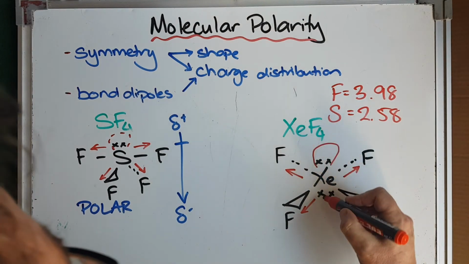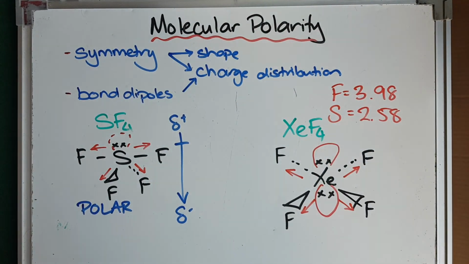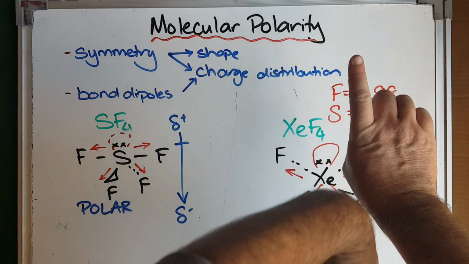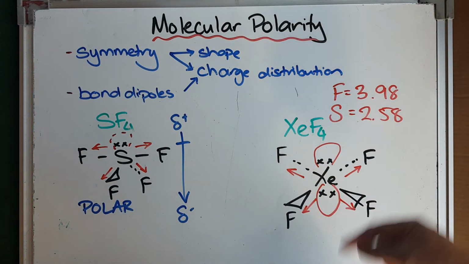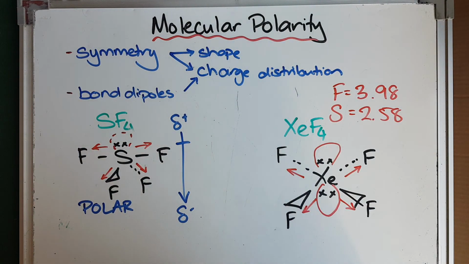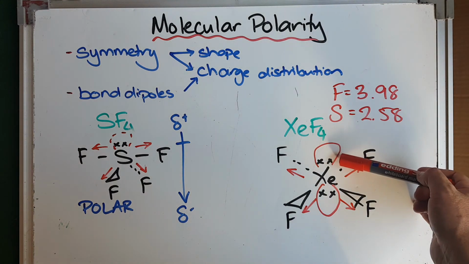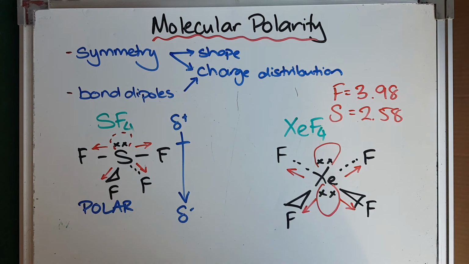This lone pair is 180 degrees away from this lone pair. One up, one down. They cancel each other out. Any effect on charge distribution that a lone pair could create is also cancelled out. So you've got a symmetrical shape where the bond dipoles have cancelled out.